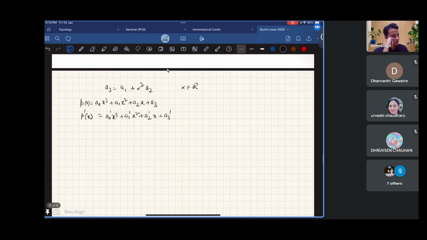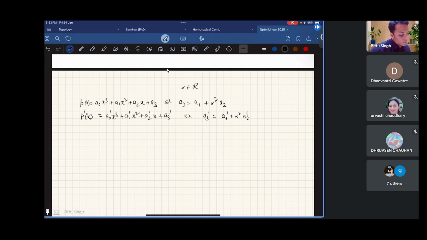That is, A3 is the same as this, and similarly A3 dash also satisfies this rule: A1 dash plus alpha square A2 dash.